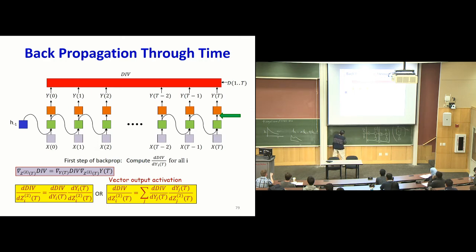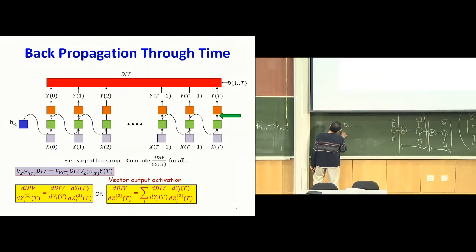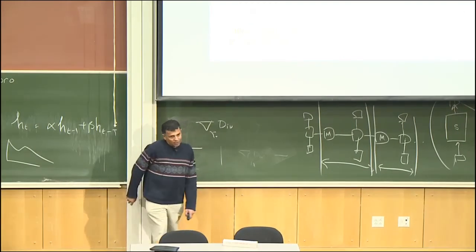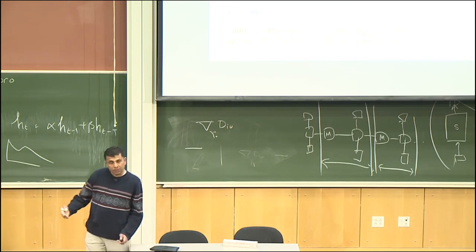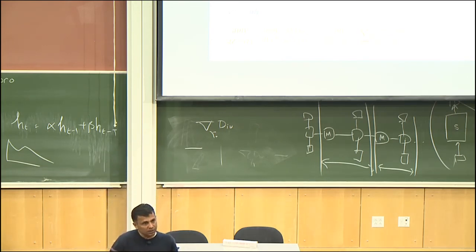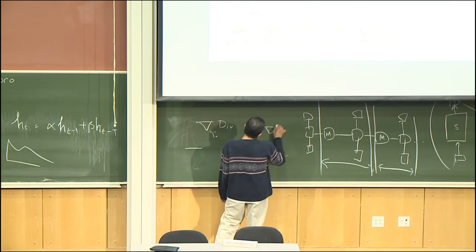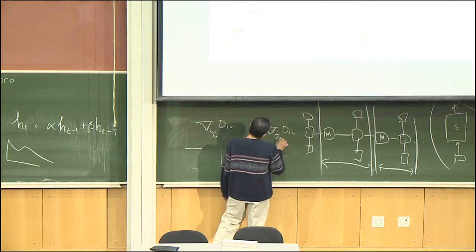So I've got the derivative of the divergence with respect to yt, which is going to be a row vector. What is the derivative of the divergence with respect to the affine combination z? Is that going to be a column vector or a row vector? That's also going to be a row vector because z is a column vector, right? So I must multiply this row vector by a matrix to get the derivative of the divergence with respect to z.